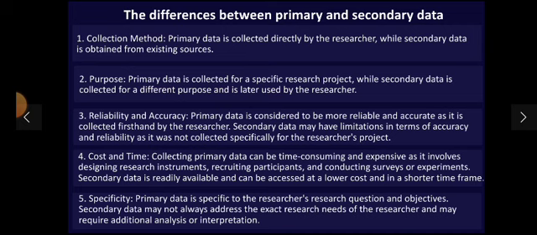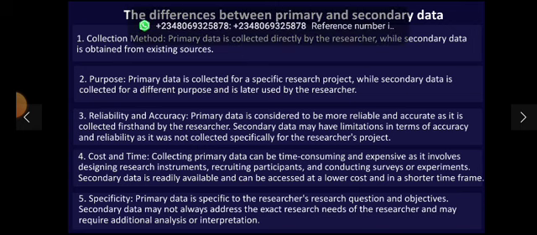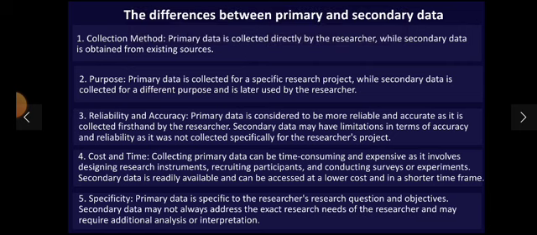In as much as you use it, it does not mean that the data you get from the internet are accurate. Number 5, the specificity. Primary data is specific for the researcher's research question and objective, but secondary data may not always address the exact research need of the researcher and may require additional analysis or interpretation.